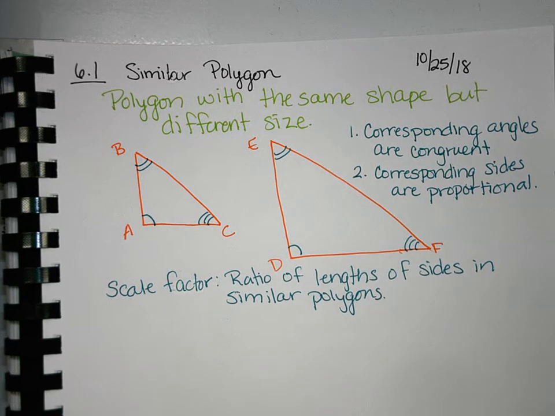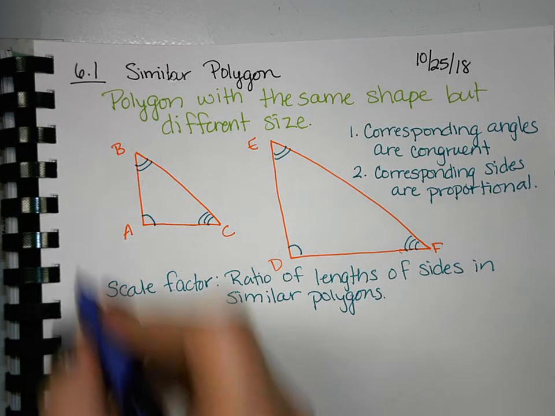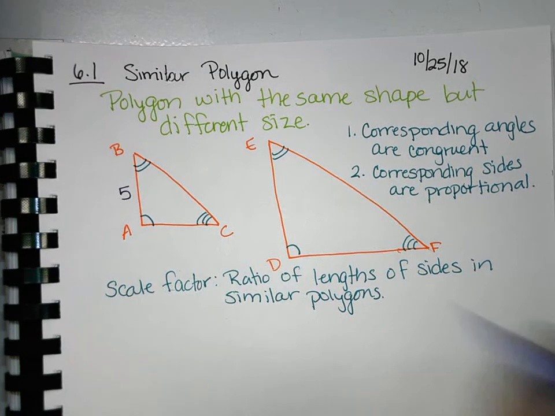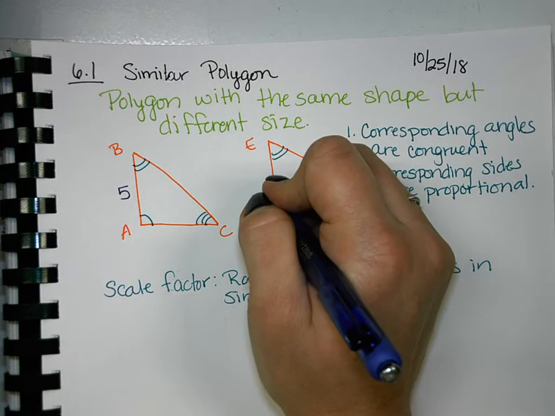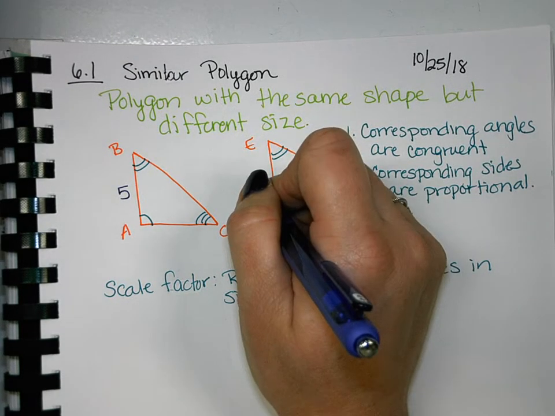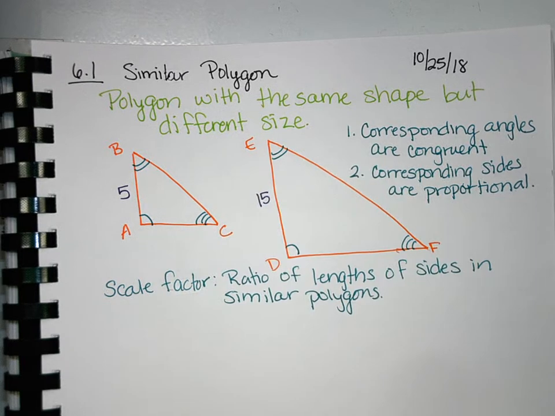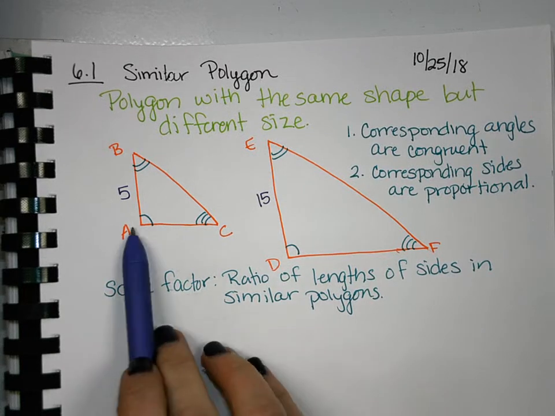So if I were to put up here that AB was 5 and that CD was 15, what would our scale factor be? So in other words, how do we get from here to here?